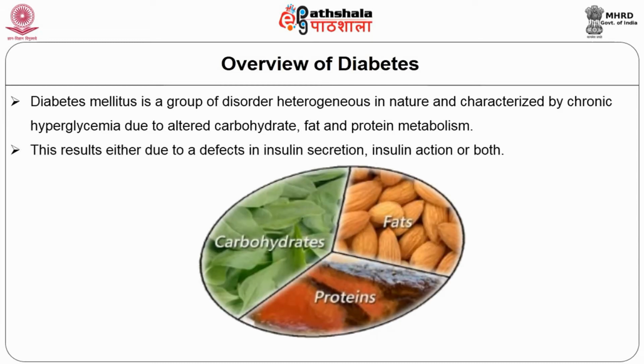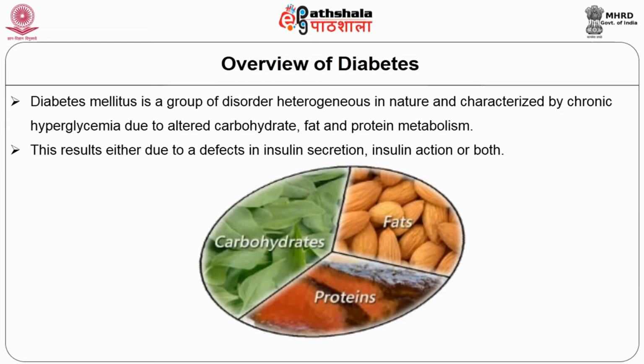This results either from defects in insulin secretion or insulin action. In other words, you can say it is due to insufficient or inefficient insulin, a very important major hormone in the body.